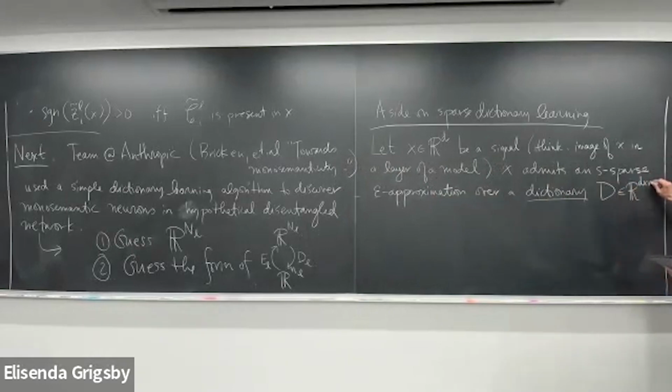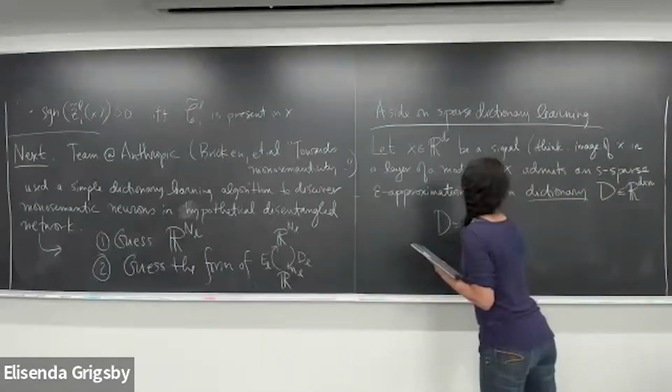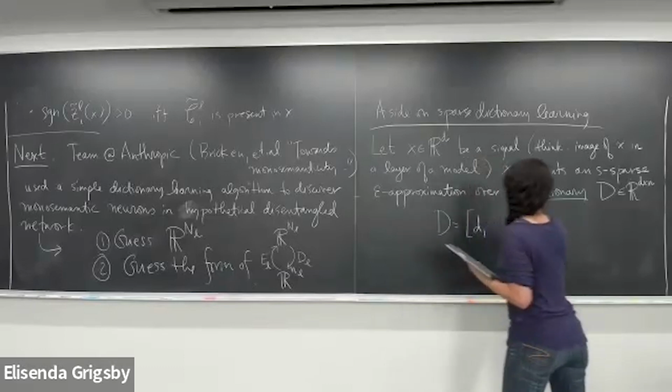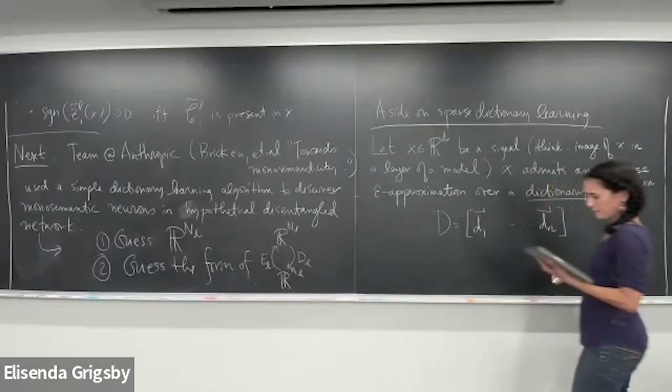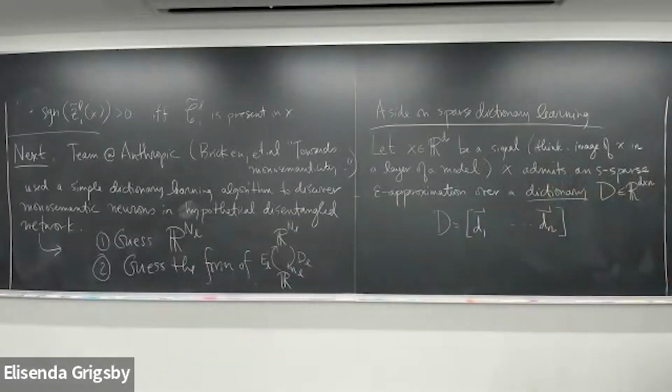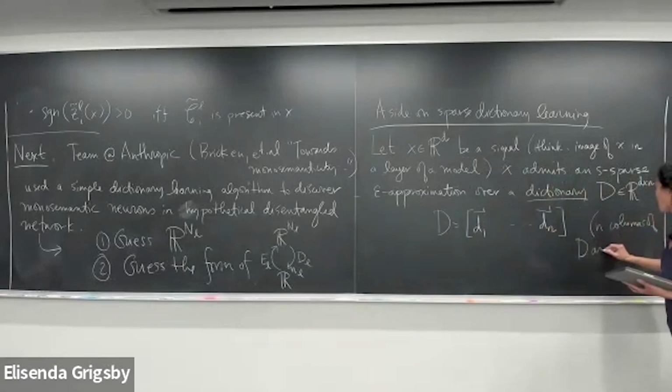Here, you're now thinking of taking n vectors in R^D. The n columns of this matrix are called the atoms of the dictionary.